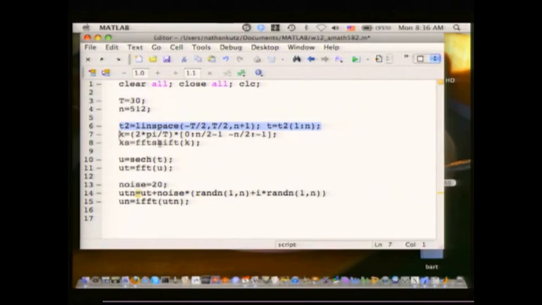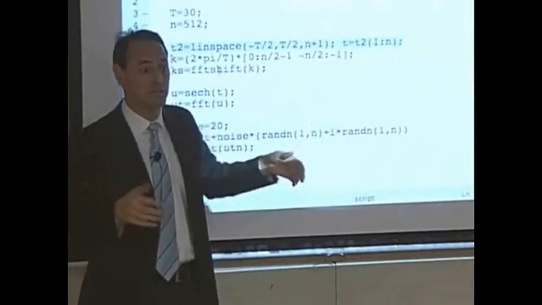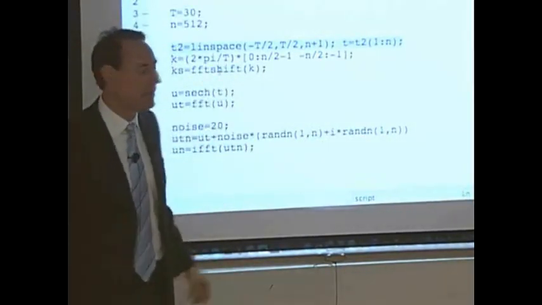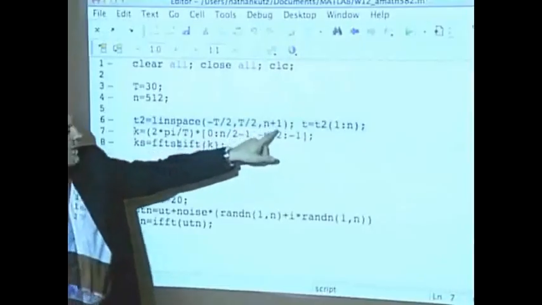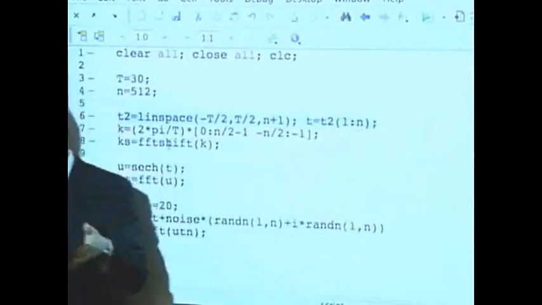So 512 points plus the last point is the same as the first. It's periodic. Remember, I'm using Fourier modes, Fourier coefficients. Those are all sines and cosines of 2 pi periodic. Whenever you use Fourier components, the assumption is periodic. So I got periodic, and I throw away the last point by just taking the first 1 through n here. So t is what I really want.